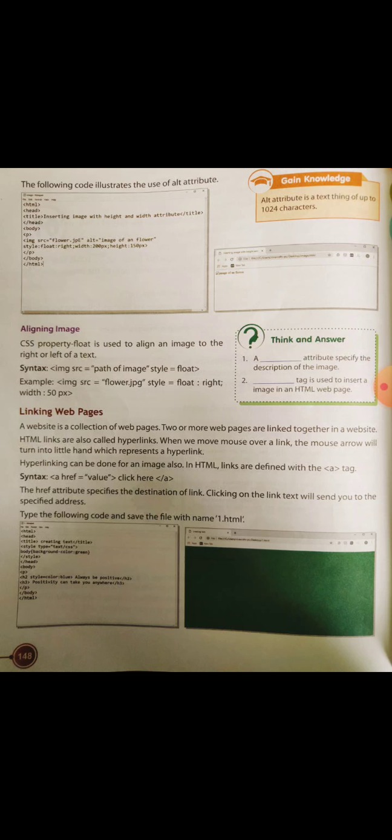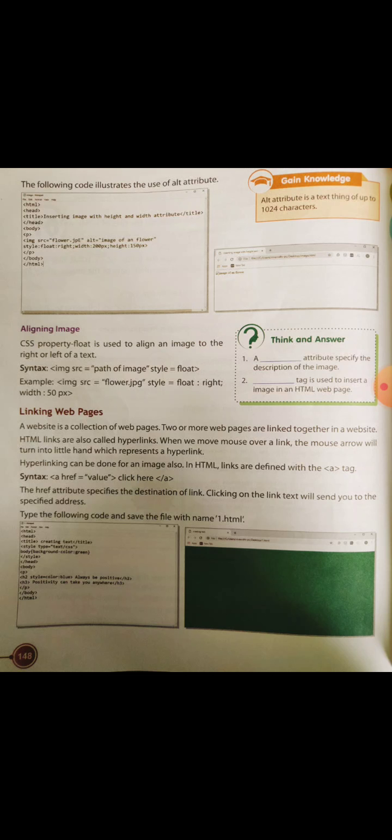And also we studied how to mention the source of an image. Three types of situations were there: when the image is in same folder where all other pictures are, when the image is outside that folder, and when the image is on internet. And also we studied about alt attribute, that it is used to provide the description of that image.